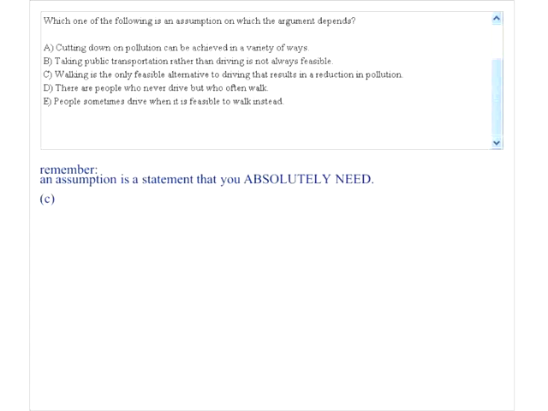Now that is not a necessary statement, because that's not what this passage is concerned with. If you look at the passage, it just says, if people walk whenever they can, then pollution will go down.